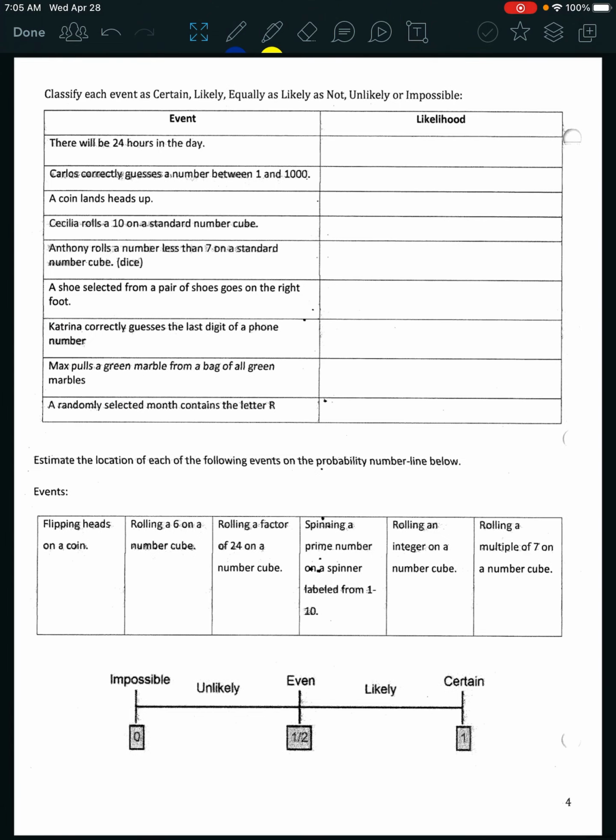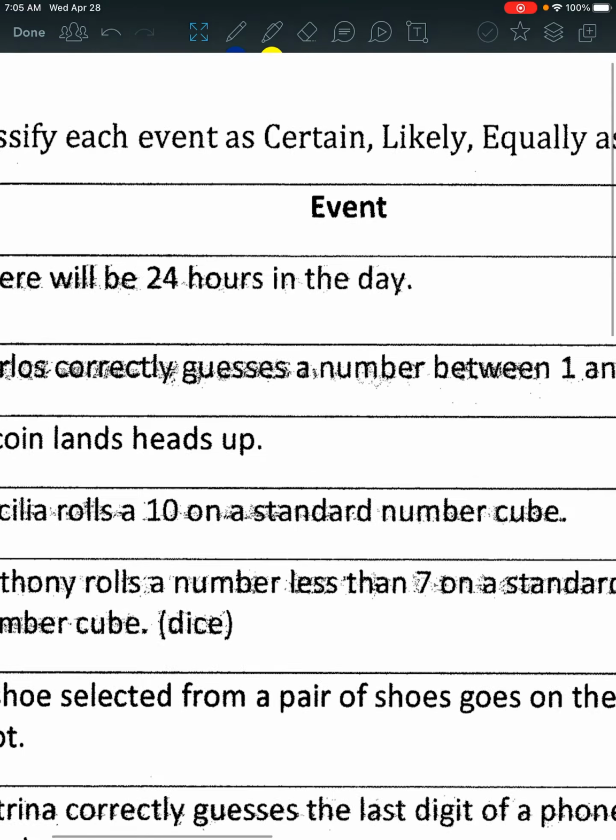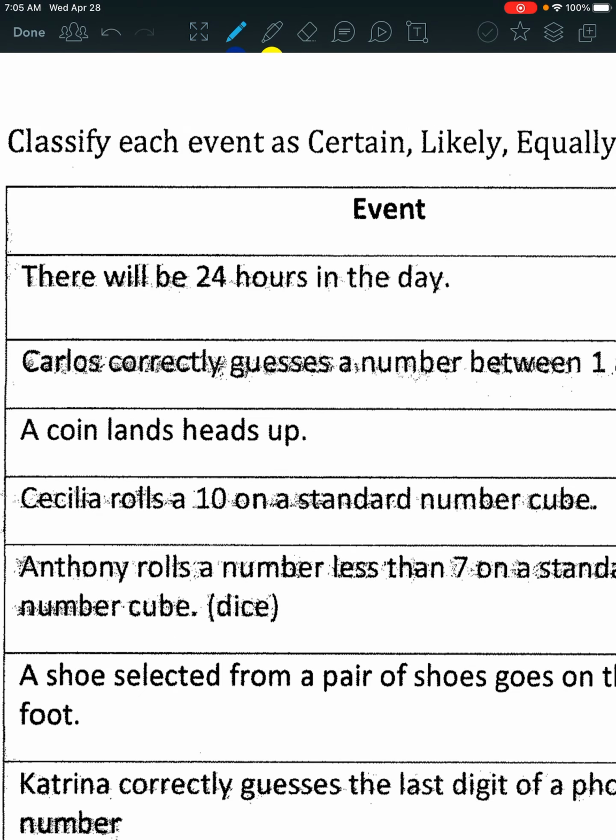All right, let's go to the next page, and we're going to start categorizing events into either certain or impossible, as equally likely as not, right in the middle, or likely or unlikely. So if we look at the event, we could actually think of the probabilities. So there will be 24 hours in the day.